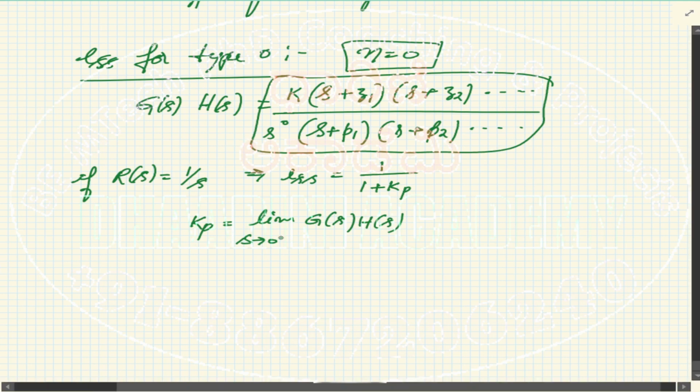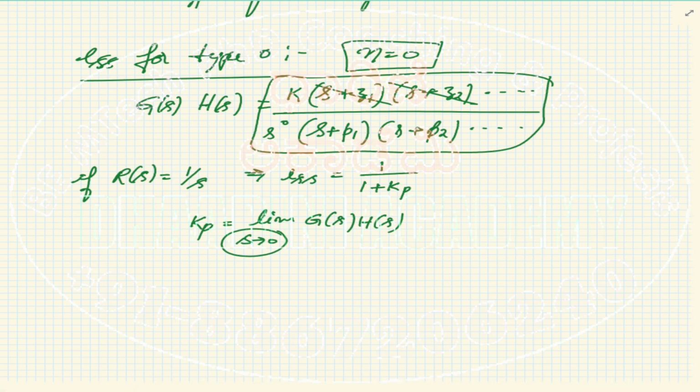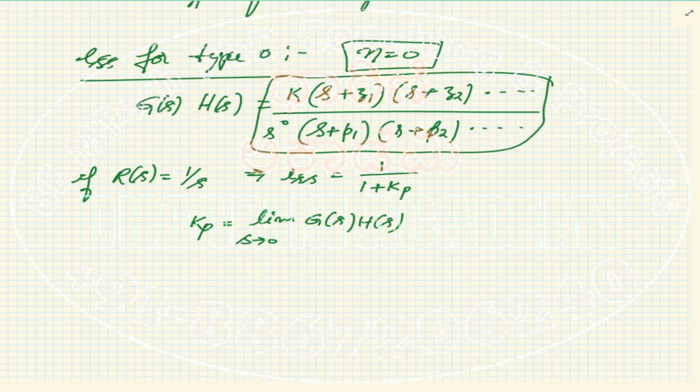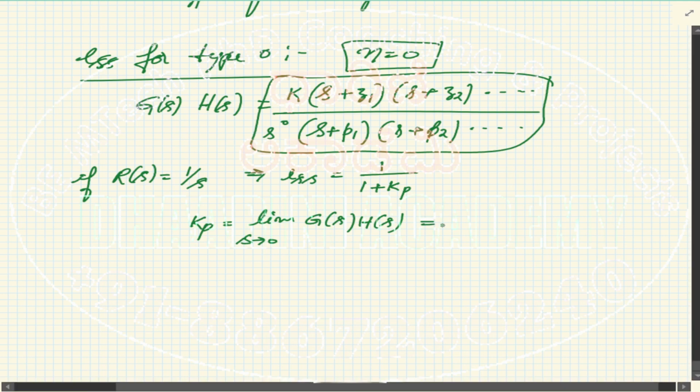In that, if you put S equal to 0, all these terms will get cancelled. Those terms will not be present. So when you don't have those terms, it's simply K. So Kp is K from the above equation. This is a constant. Correct? When that is a constant, this is 1 by 1 plus K. This could be a constant.